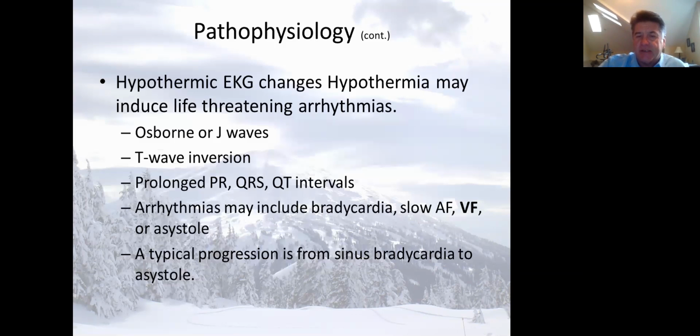You don't get ST elevation. You don't get a STEMI-looking picture with this. Your arrhythmias may be a slow heart rate or bradycardia, a very slow AFib, or you may have VFib or asystole. A typical progression is from sinus bradycardia all the way down the spectrum to asystole.